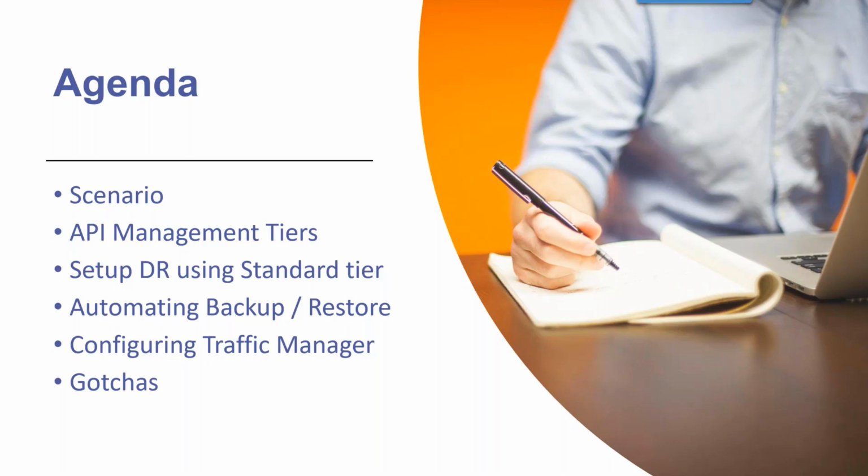We're going to talk about setting up DR using the standard tier, automatic backup and restore of API management, which is one of the components that we're going to be using. Then configuring the traffic manager to distribute the traffic to either the primary or the secondary API management, and some gotchas that I found throughout the way.